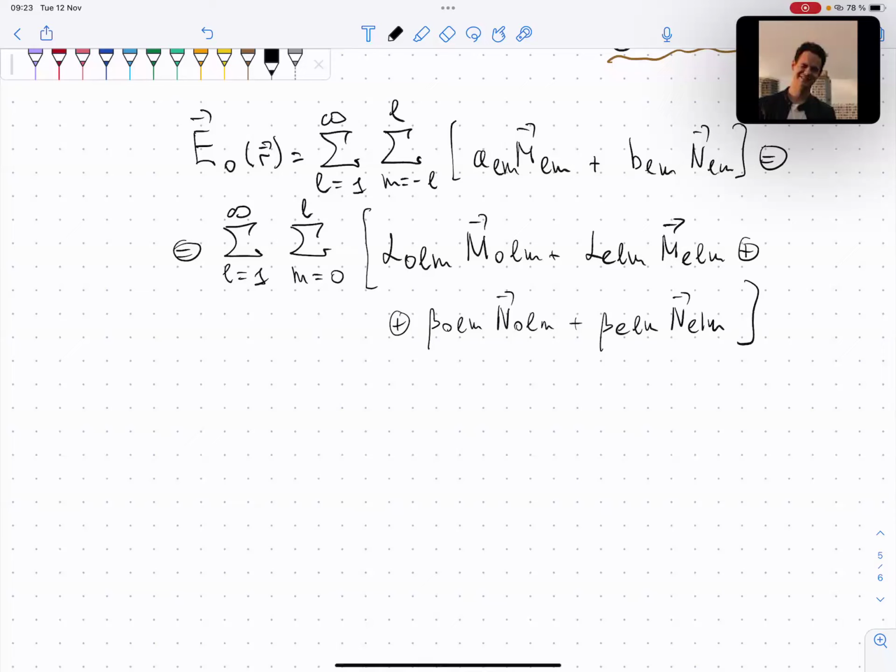This is the most general form. But for the plane wave that we have, when you calculate these coefficients, you will get 0.